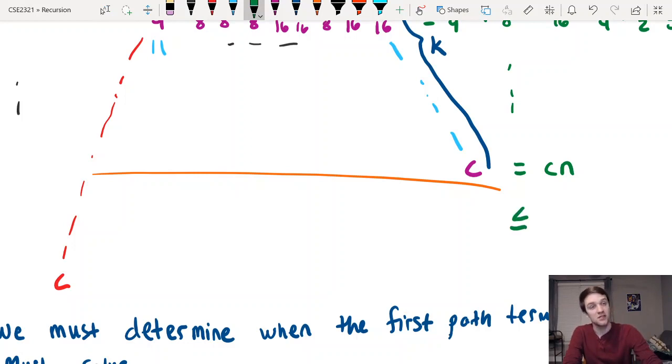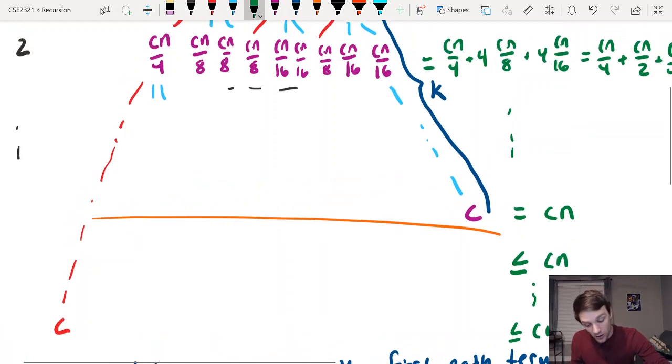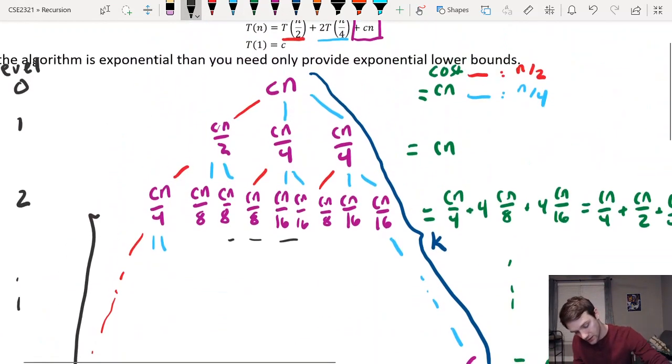All of these costs have to be less than or equal to continuing the pattern, because there are fewer nodes being considered than we were above the orange line. We now have some of the paths terminating. So everything below is less than or equal to cn, all the way until the furthest down node in the tree.